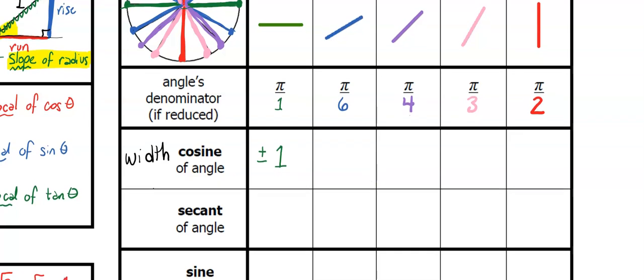And as we saw earlier, if I know that cosine is plus or minus 1, well then take a reciprocal. It's my very fancy reciprocal symbol. If cosine is 1, then that reciprocal is still 1. If cosine was negative 1, then secant of the angle is also negative 1. Okay.